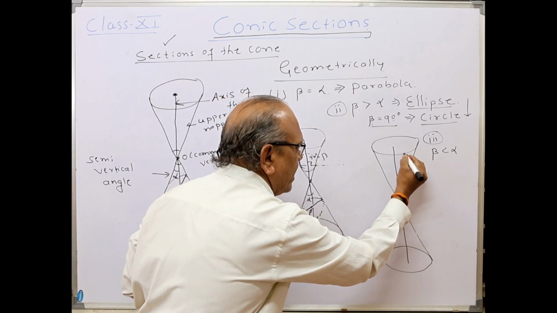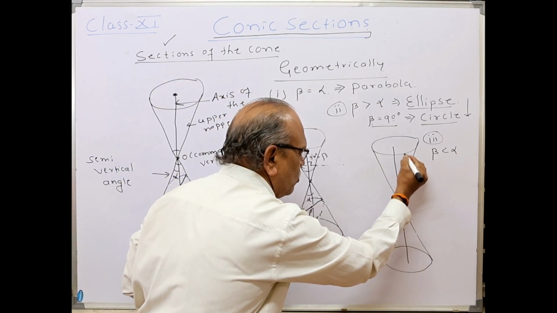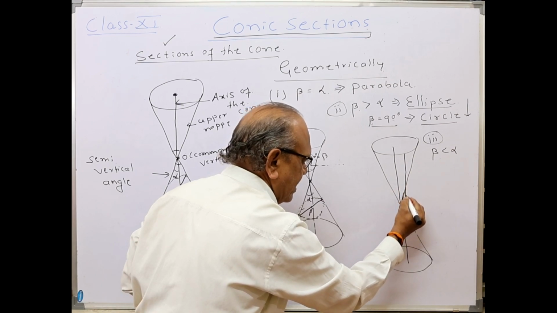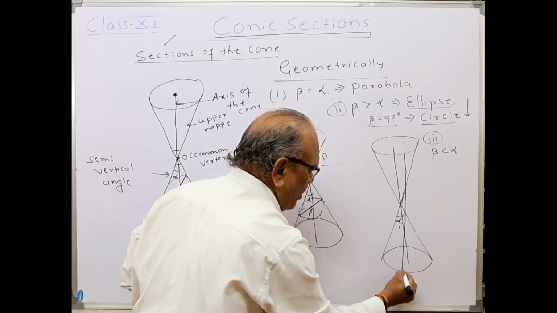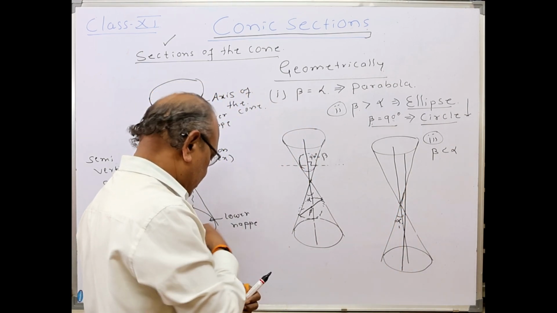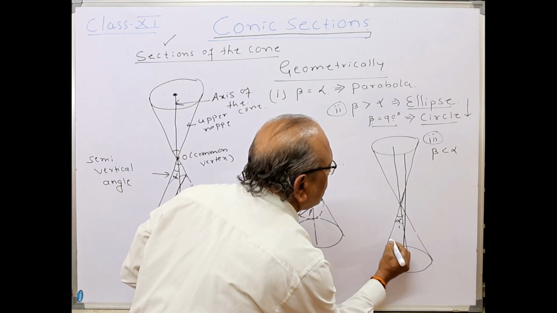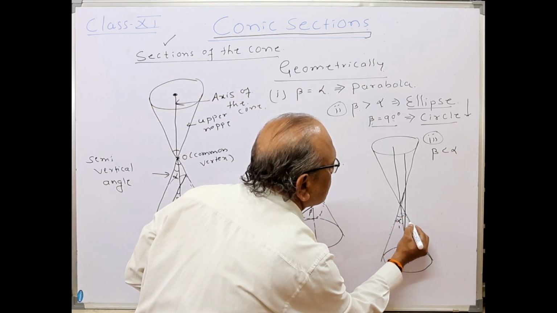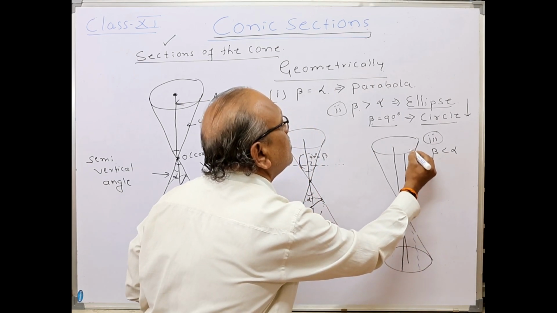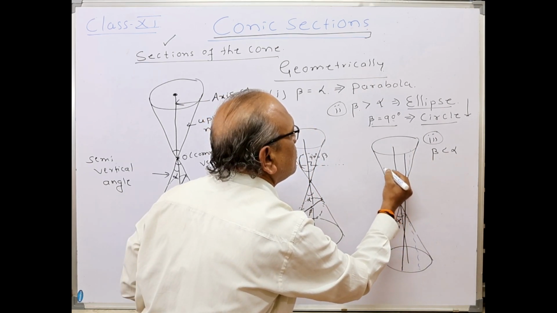Then you can observe that the solid double cone will be sliced through both nappes, upper nappe as well as lower nappe, like this. Whatever shape you get, you can expect it in both nappes.